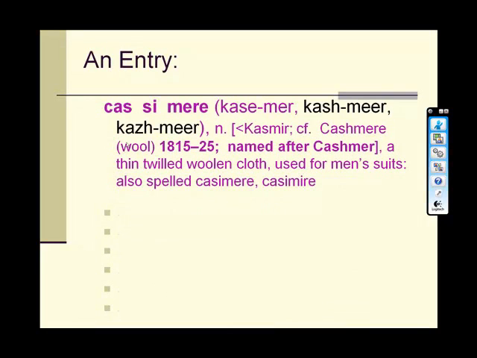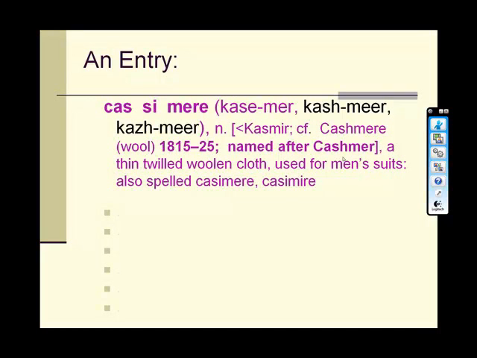Another entry. Let's take a look at the word cashmere. Cashmere, Kashmir, cashmere. Pronunciation. N, it means it's a noun. And it's derived from, here's the etymology, Kashmir, as compared to cashmere wool from 1815 to 1825 is when it was first used.